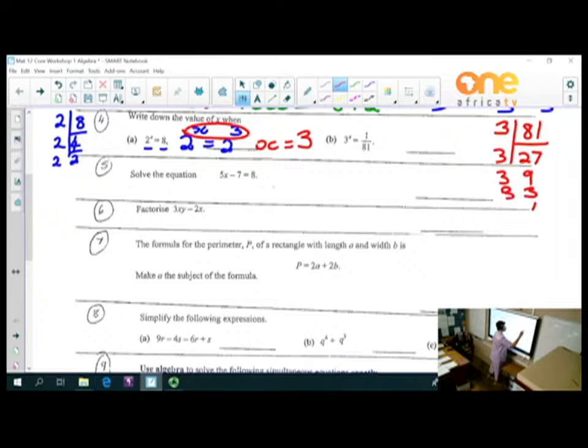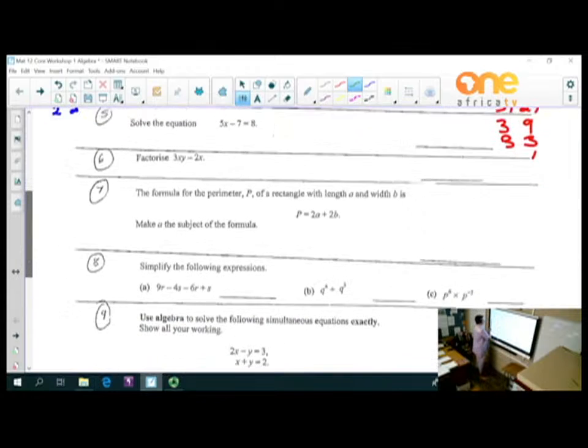So I have 1, 2, 3, 4. So I can say that 3 to the power of x is equal to 1 over 3 to the power of 4, but I want it as a positive 1, and it is then negative 4. So my answer is x is equal to negative 4. Indices.